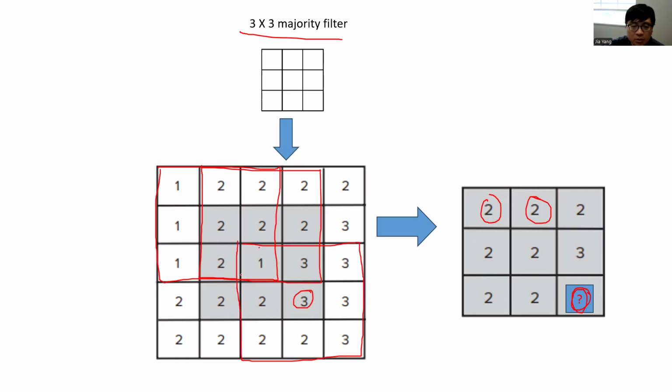Here's our moving window, which includes the 9 pixels. Within this moving window, we have 1, 1, 1, 3, 2, 5, 3. So 3 is the majority. So the pixel value in the question, with the question mark, will be 3. Okay, that's a majority filter.